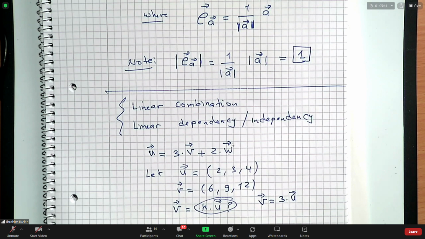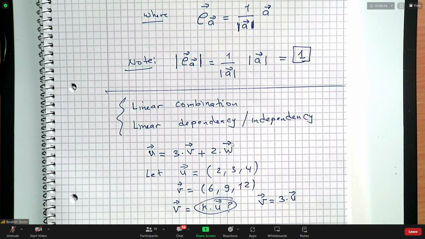But decisive here is that if you have a linear combination of vectors, and this linear combination is equal to 0, and the vectors are linearly independent, then all the constants must be equal to 0.